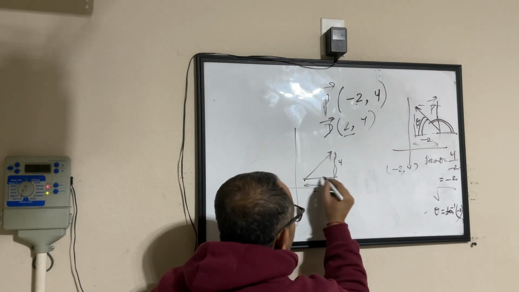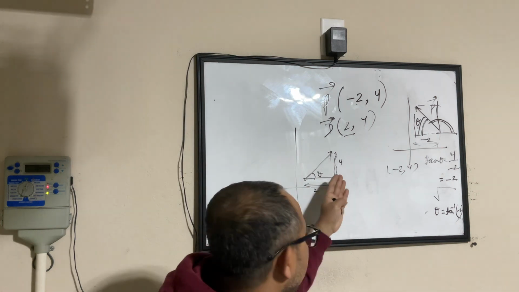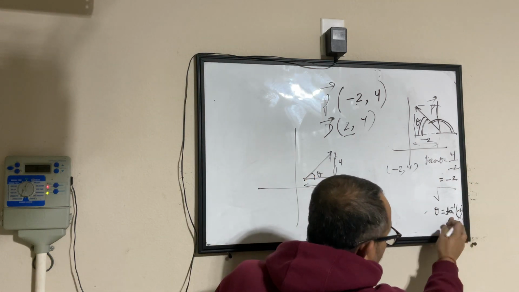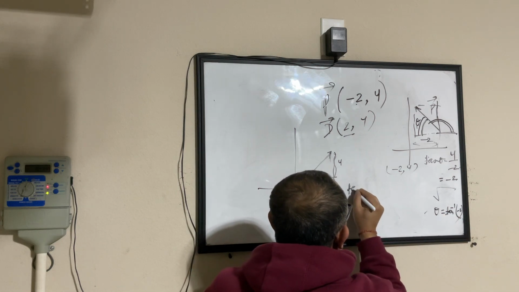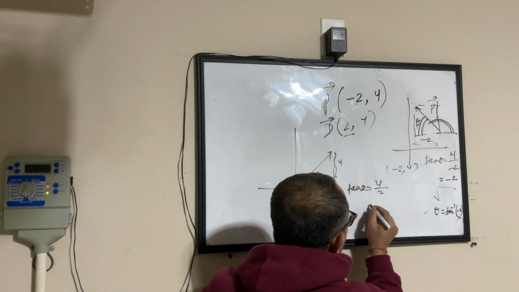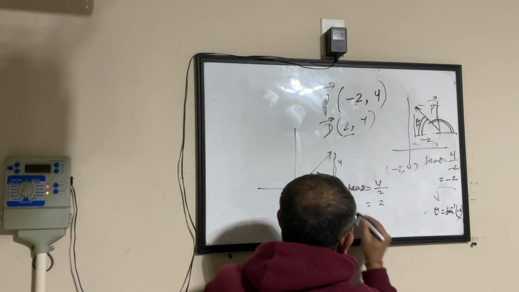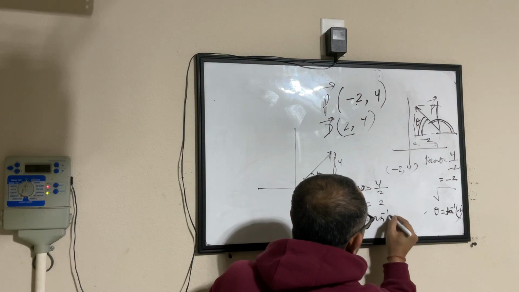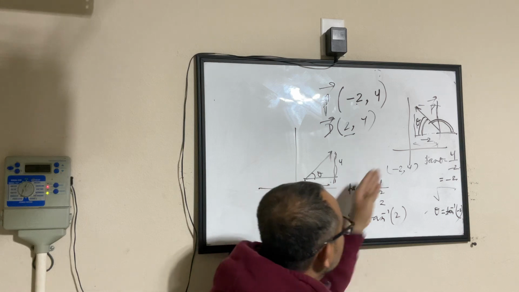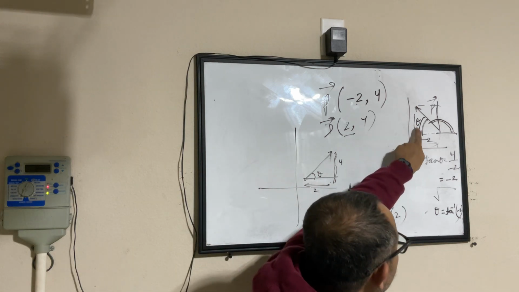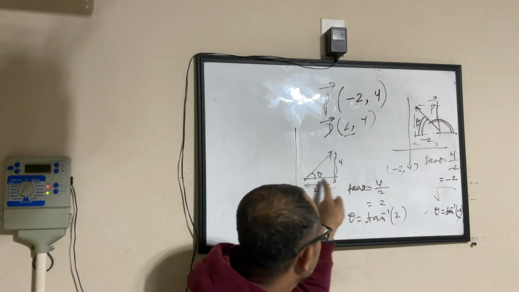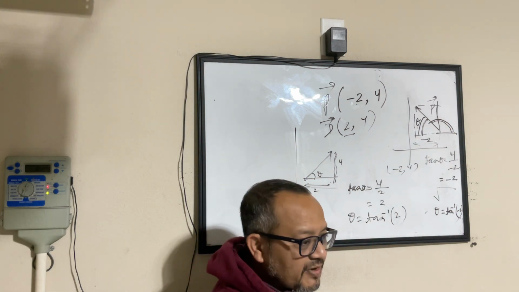Now I just have to find this angle, which is fairly straightforward. Here tan theta equals 4 by 2, which is 2. So in this case, theta will be equal to tan inverse of 2, and from that we can find this angle. This time we don't have to do any magical calculation, because earlier it was a derived theta value and we had to subtract that from 180 to get this angle. Here it is making the angle with the positive x-axis, so it should be fine.